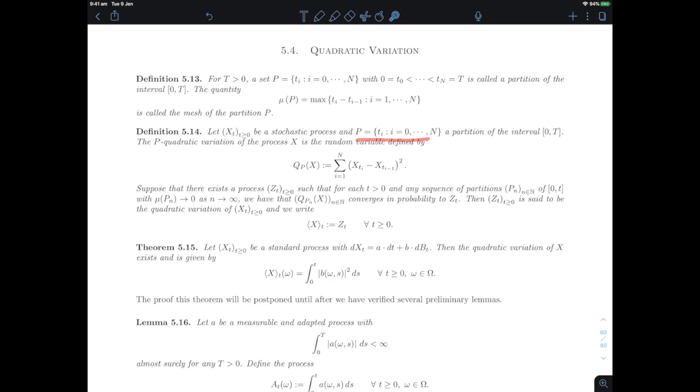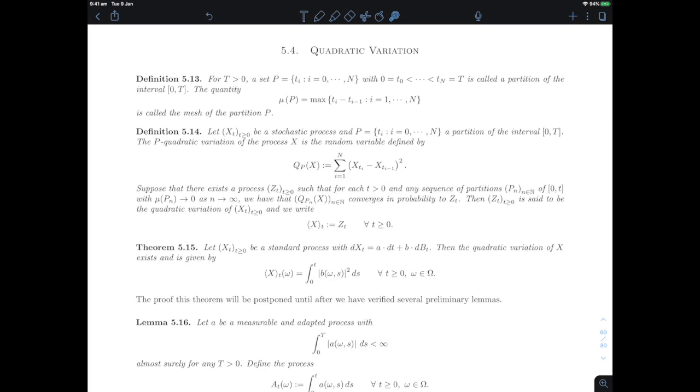You give me a partition and I can form the sum of the squares of the increments over that partition, right? That's for a fixed partition, and we call that the quadratic variation associated with that partition, or the P-quadratic variation, where P is the partition. Now, imagine that as you refine the partition, that is to say, you take any sequence of partitions whose mesh size goes to 0, then the corresponding sequence of random variables that you obtain converges in probability to something, right?